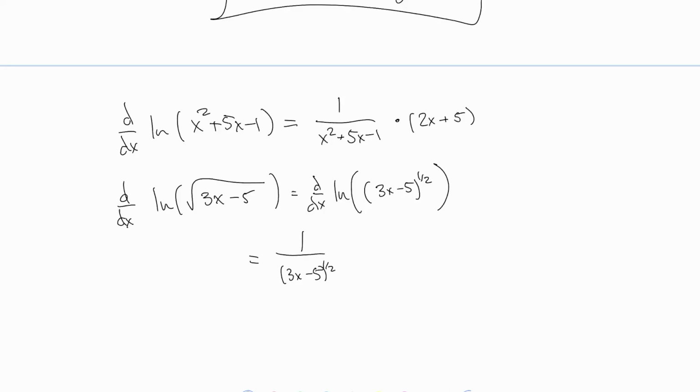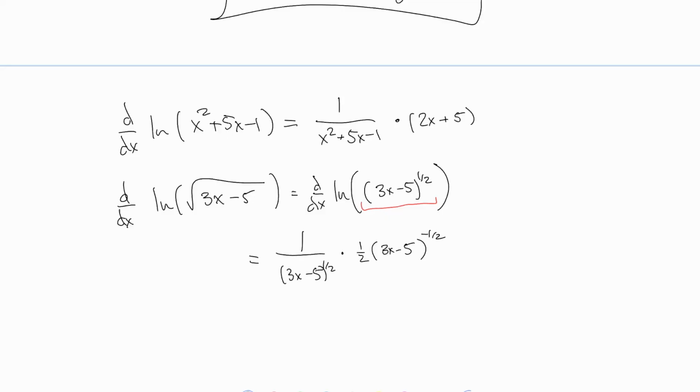And now I go times the derivative of the inside. And the inside of the log is all of that, including the 1/2 power. So what's the derivative of this? For that, we need the chain rule. Again, I would move the power down first, and then write the same thing on the inside, and then multiply by the derivative of the very innermost inside. So I'd go 1/2 here, 3x minus 5 to the minus half.